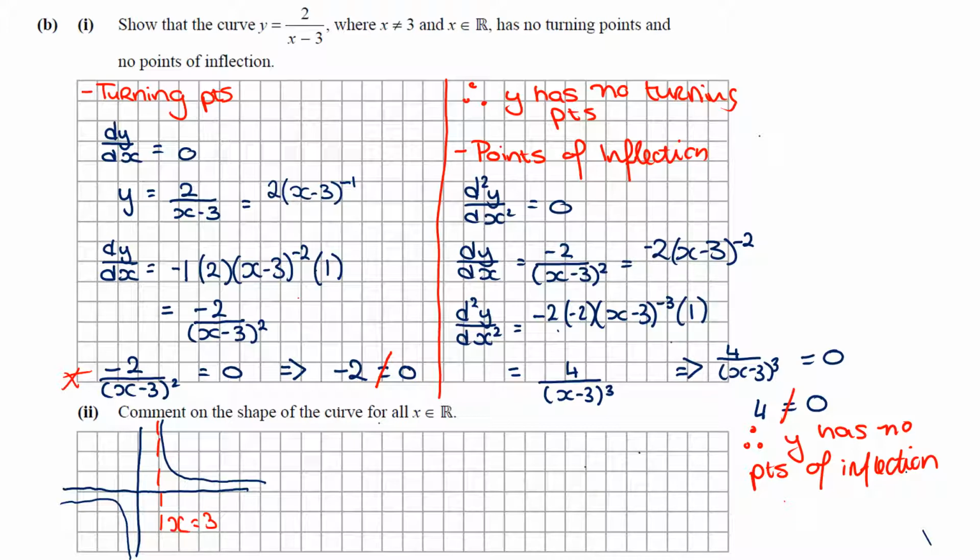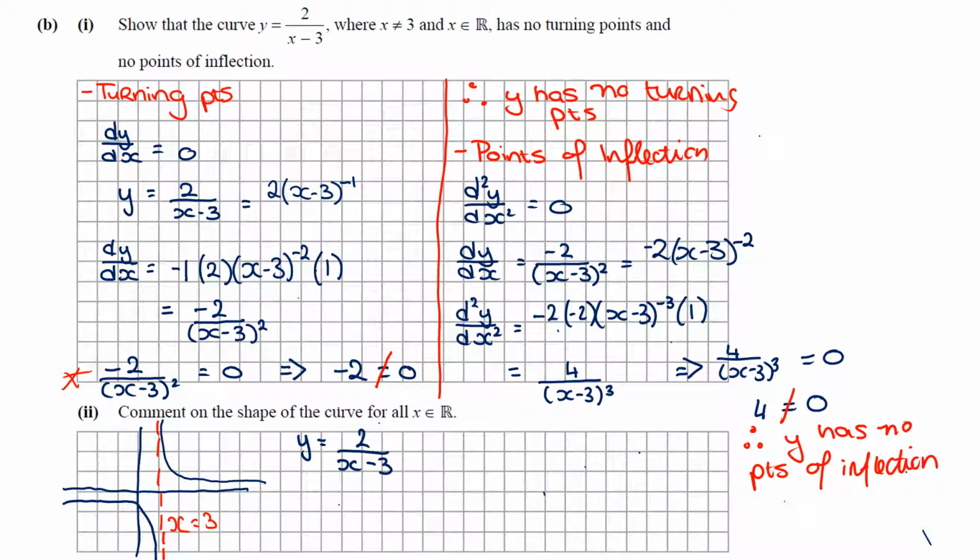And the reason that I know there's a break in the graph at x equals 3 is because, sorry, now I've actually messed this part up, is because if you take a look at our original y here, our original y is y equals 2 over x minus 3.